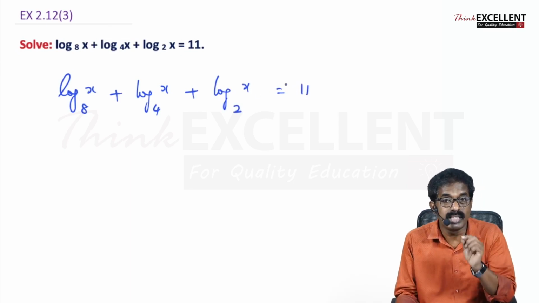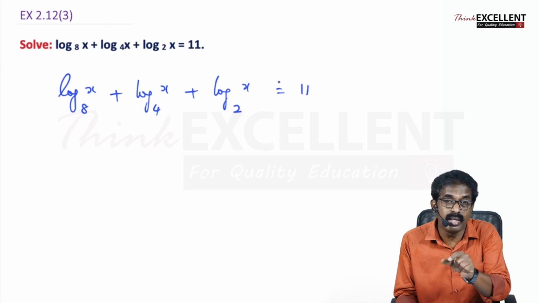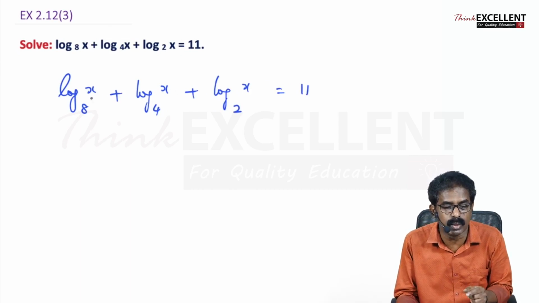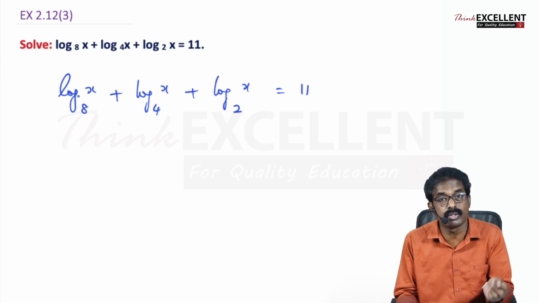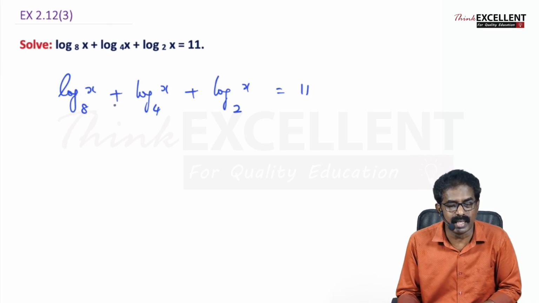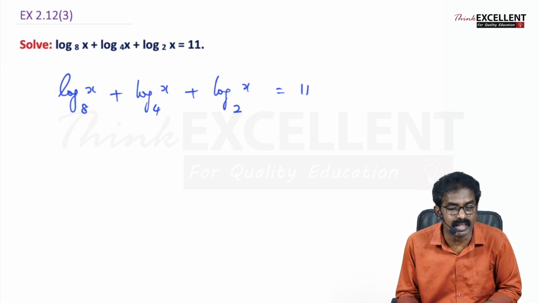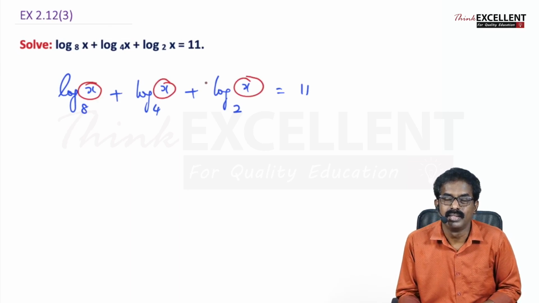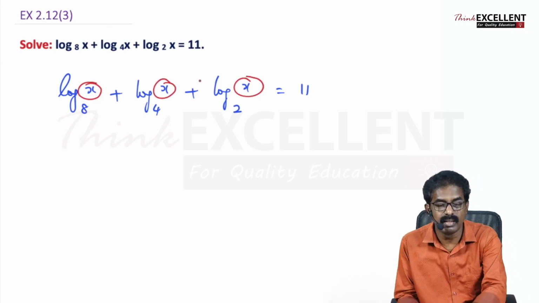First thing you see: before log, do you have any number? Before log, nothing, just one only, right? If there is some number, you take it to the power. But here nothing like that. You can't simplify this because the bases are all different, but you can see the numbers are the same: log x, x, x. So we take it to the base.